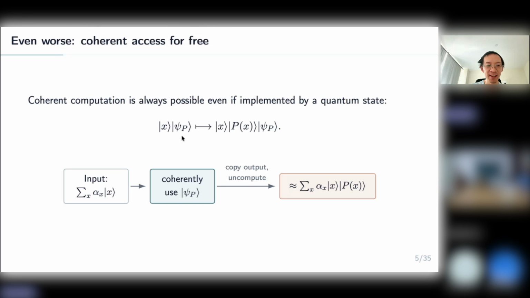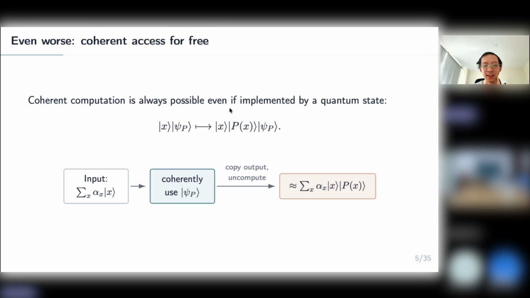The other attack is that if you have a one-time program, even if it's implemented by a quantum state or quantum device, not only can you compute it many times, you can also compute it coherently. By which I mean that suppose you have some program P, you can always implement the following coherent map that maps X to X next to P of X.